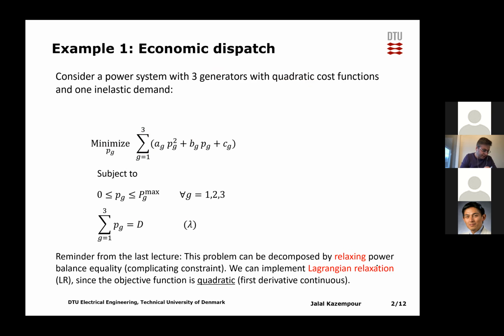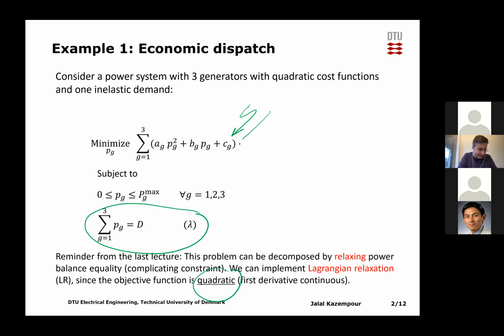So these are the definitions of the different parameters and variables. It's simple. Remember that our original objective function is quadratic, and also you know that the last constraint is the complicating constraint. We can relax it, and then we can use Lagrangian relaxation. And since it's quadratic, we don't need to add any additional quadratic penalty term.